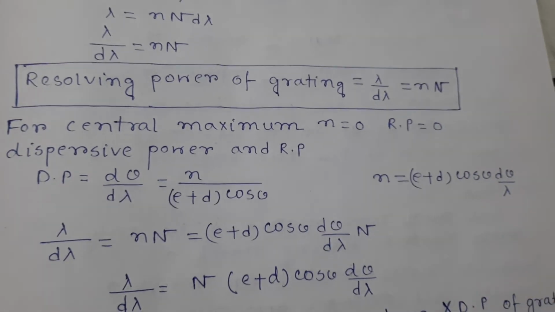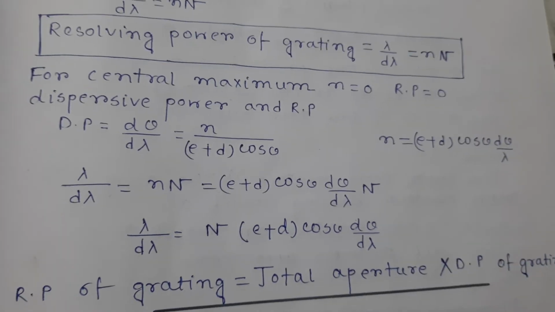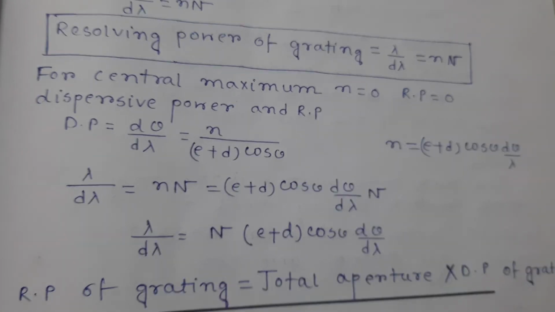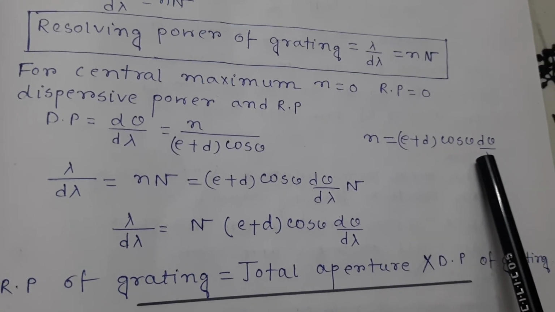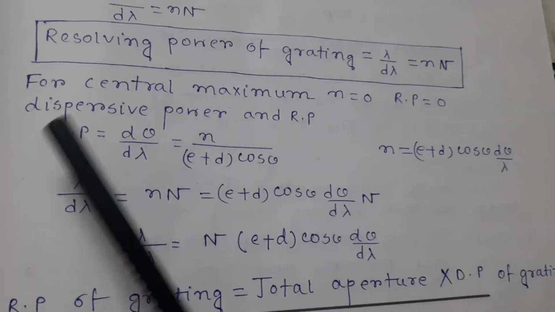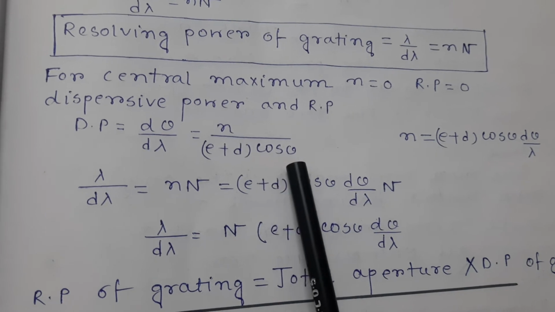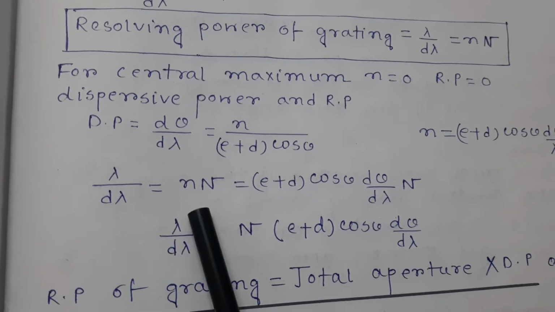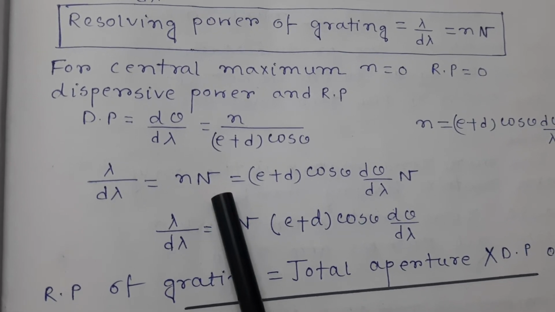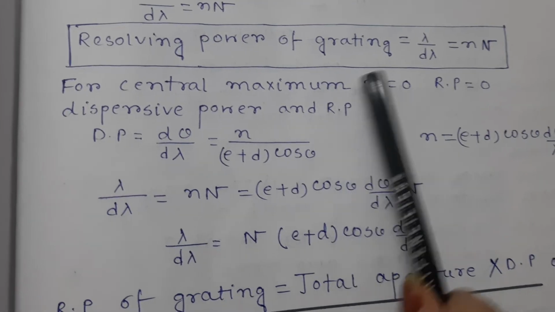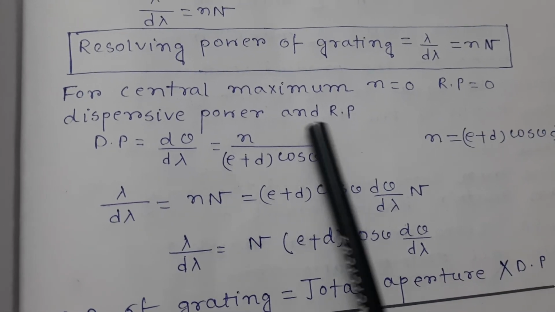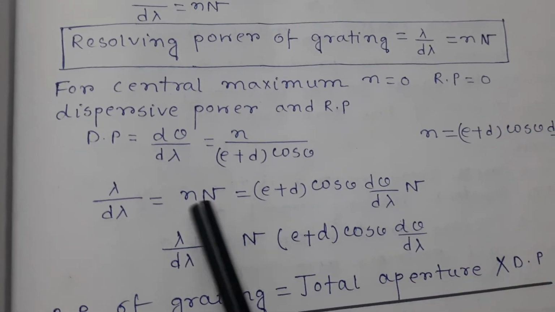Just put the value here, because n is equal to (e plus d) cos theta d theta by d lambda. So d theta by d lambda is equal to n by (e plus d) cos theta. So lambda by d lambda is equal to small n into capital N, and these two are equal to this one.